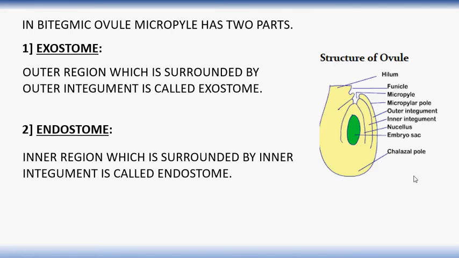Let's see the photograph, so the actual position of this ovule. This is the top region, the micropyle region. In this micropyle region, the outer region which is surrounded by the outer integument is called the exostome. The inner region of this micropyle, which is surrounded by the inner integument, is called the endostome.